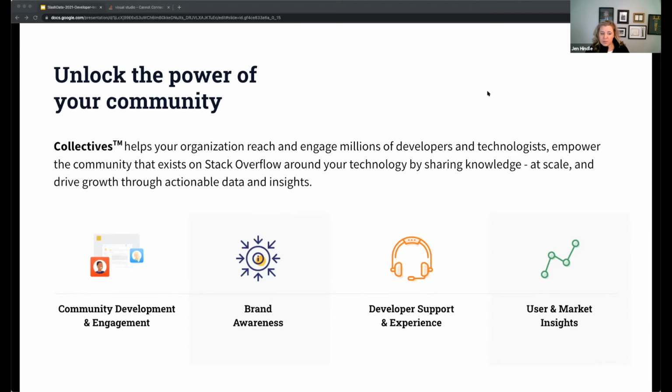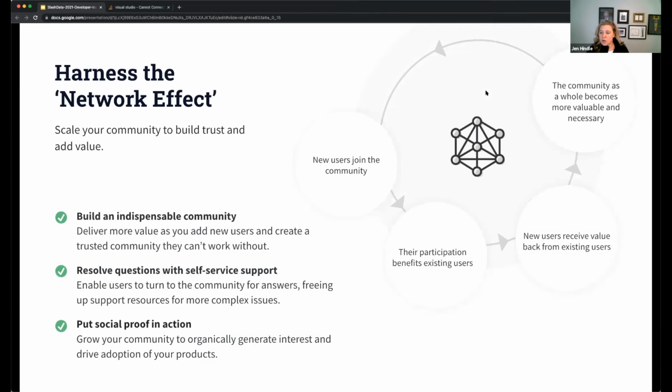David, if you don't mind going to the next slide. So let's talk a little bit about what collectives will help bring to the table for both a community, the users that are on Stack Overflow, as well as the technology organizations looking to reach them. So collectives actually helps you harness that network effect. So we've talked a lot about collaboration and knowledge sharing and knowledge reuse.